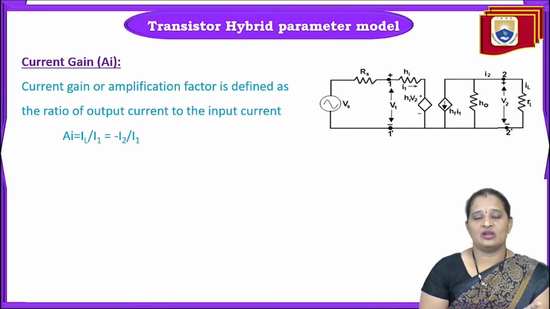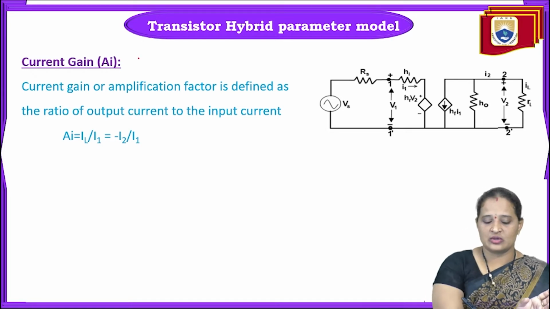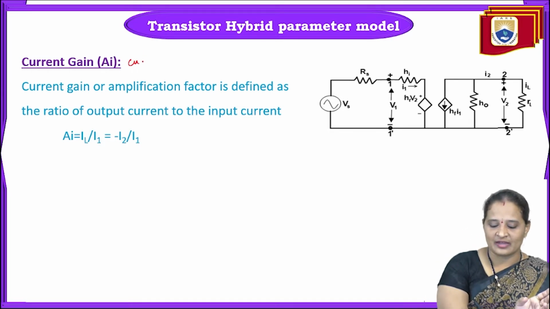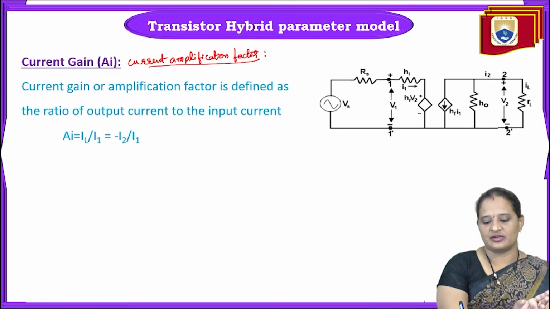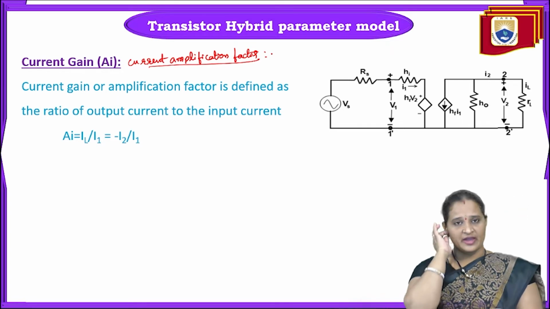So now, first of all, current gain. We can also call it the current amplification factor. How can we define the current gain?